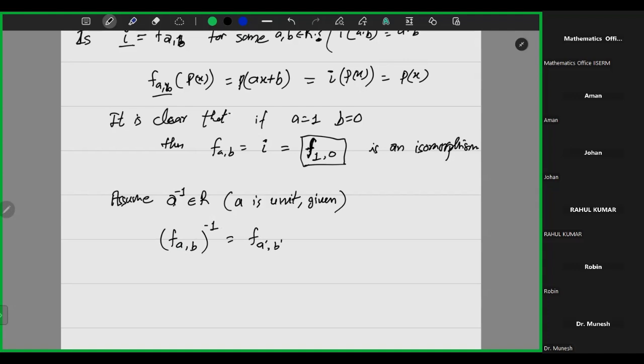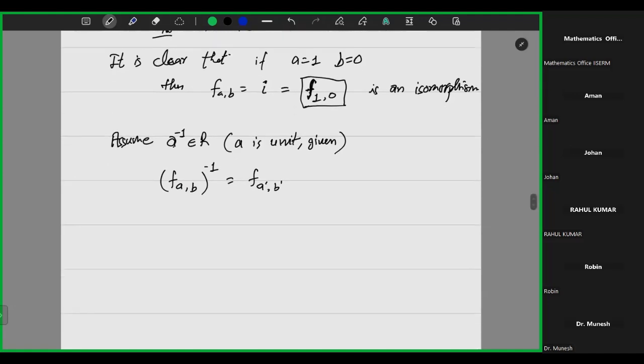We don't know if it is of this form, but we'll see. If we find such a', b', it is enough, this will be our inverse. So we will use inverse properties of f_{a,b} and we'll get a' and b' such that this all holds together.